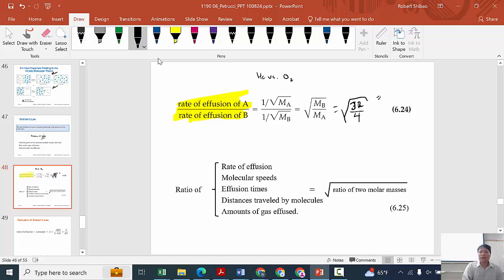So it weighs 8 times more. Maybe I shouldn't have done this because now I have to do the square root of 8. I don't know what that is. So it's the square root of 8 times faster, which is equal to 2.82. 2.82 times faster.